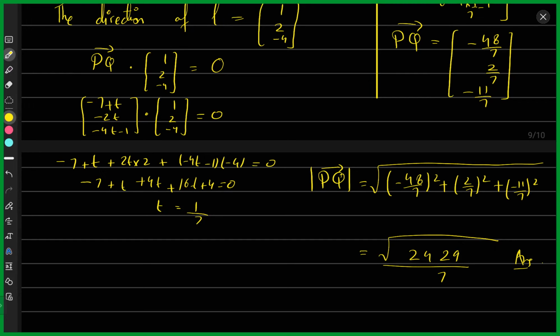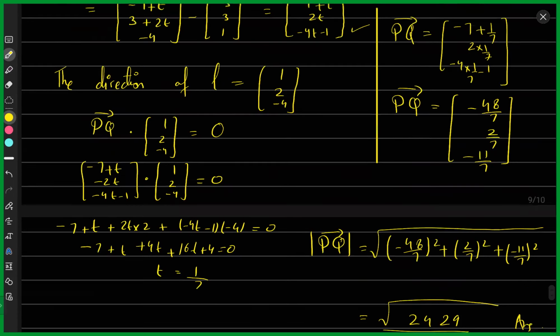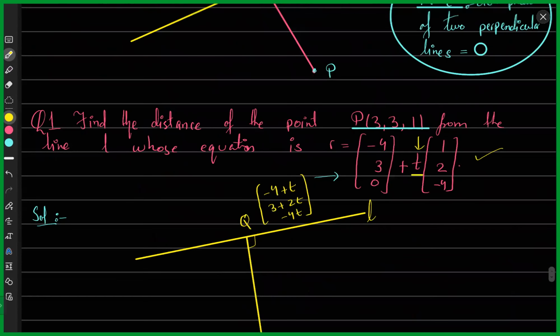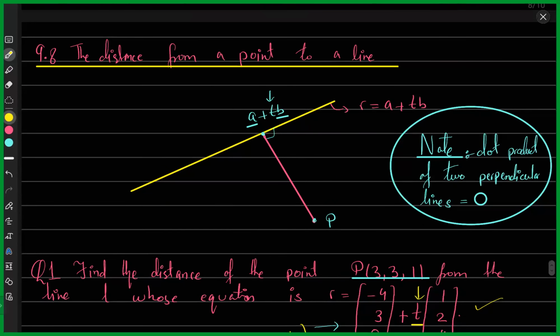All right. So this was basically the idea. Now, in this question, always remember, you can certainly come across a question of this type in exam as well, where you have a point and you need to find the distance of the point from the line. Always remember, talking about the perpendicular distance from the point and the line, that is mandatory.